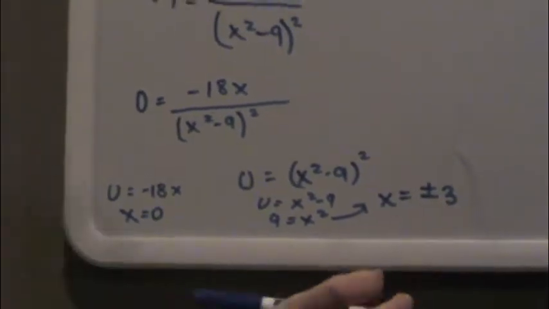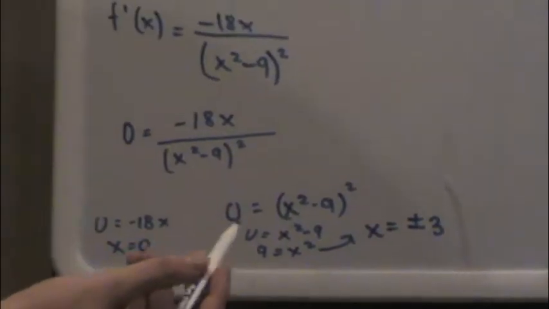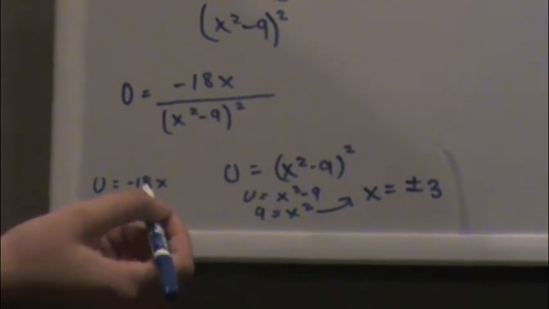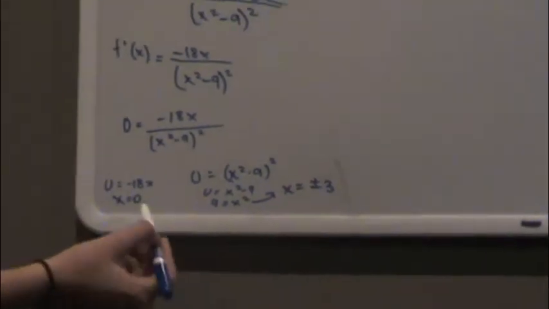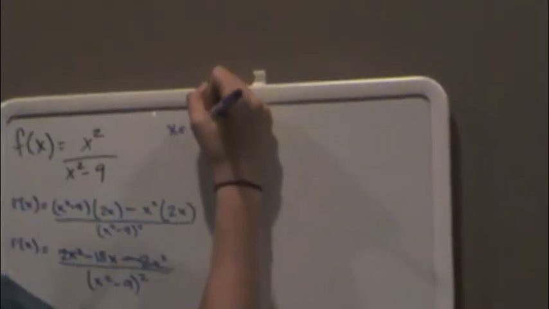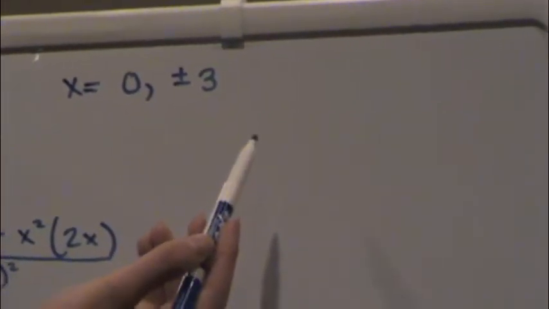You'll always get your critical points whenever you set the numerator equal to 0 and the denominator equal to 0. Okay, so now that you have your critical points, which are 0, positive and negative 3, you can plug these into a sign chart, which will test a point within each region.